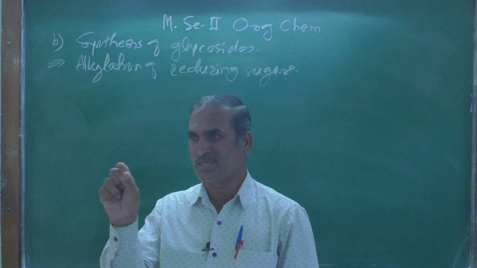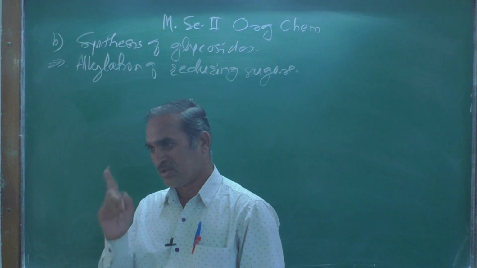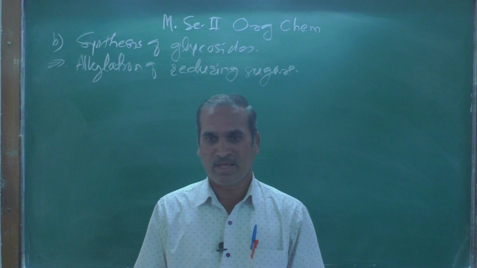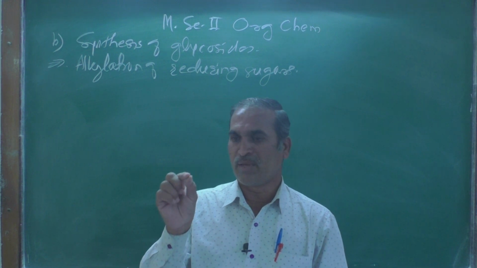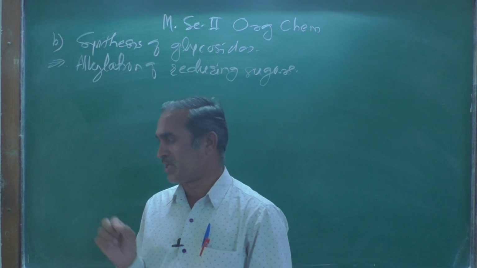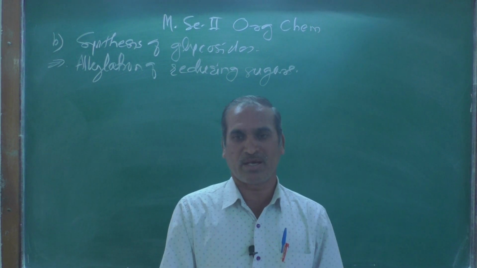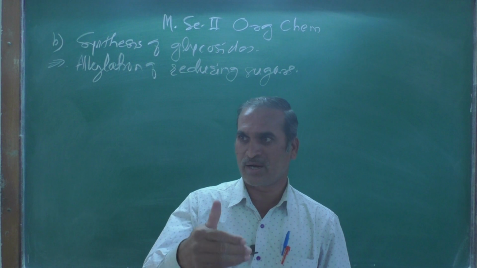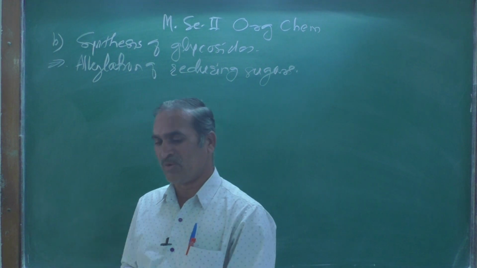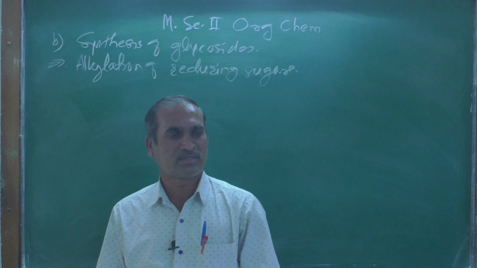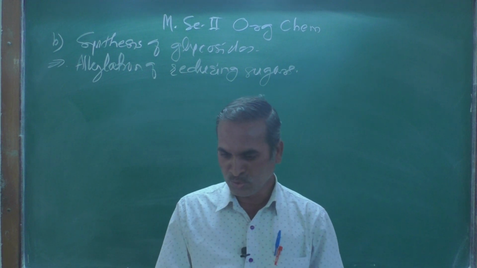If you observe this structure carefully, you will find a hemiacetal structure is present, and due to the presence of the hemiacetal structure, it gives a positive Fehling's test as well as Tollens' test.